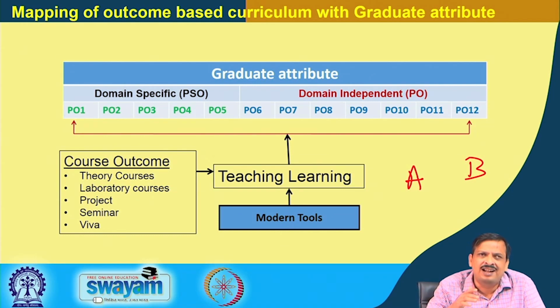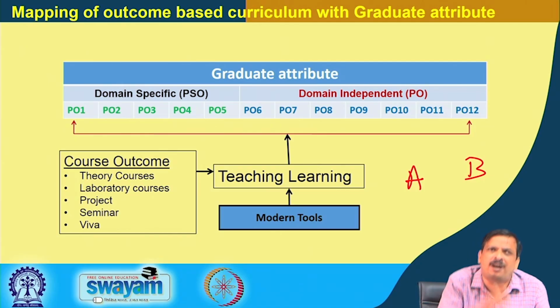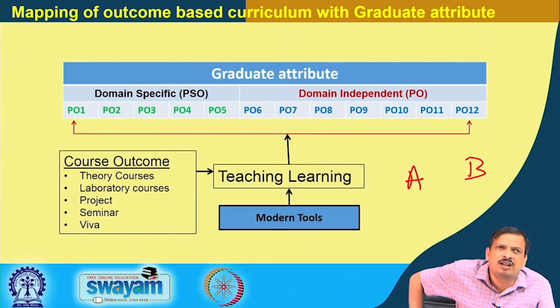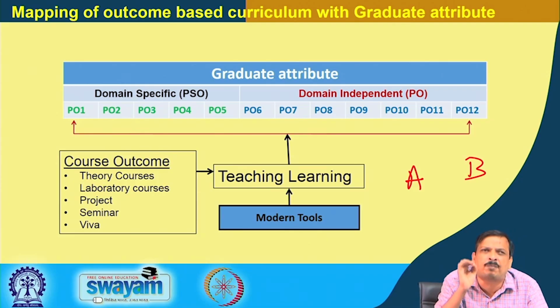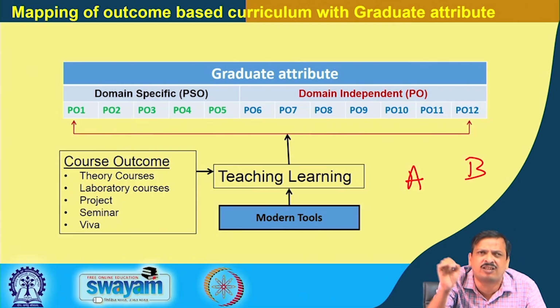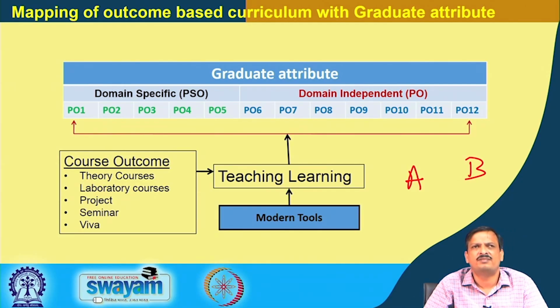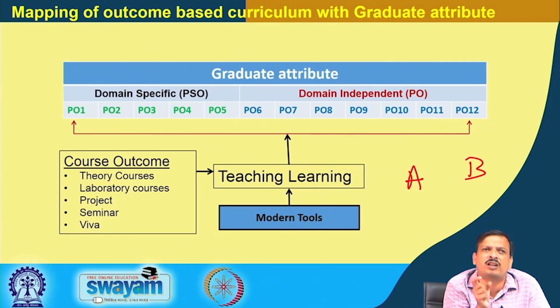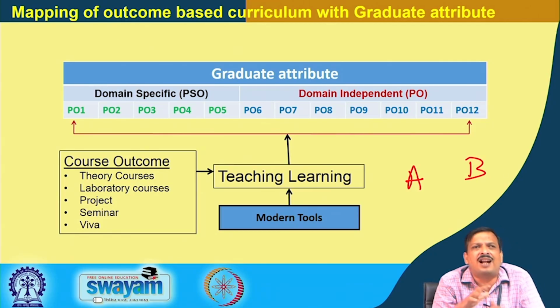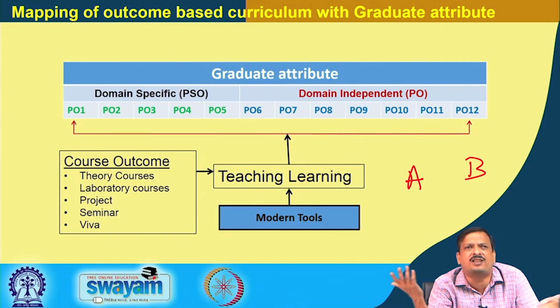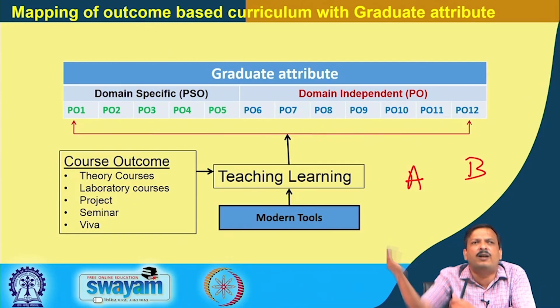Can I say for ethics I will offer a course, a theoretical course, and it is capable of developing ethics in the students? Environment and sustainability, can I say that I offer a course on environment and sustainability and that will scatter to all kinds of design problems when they design, environment and sustainability?